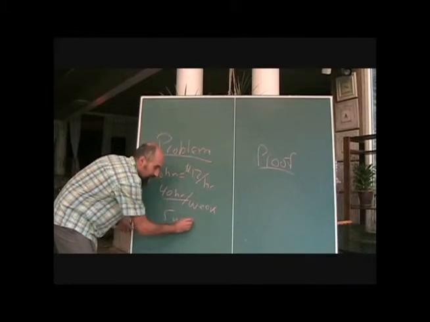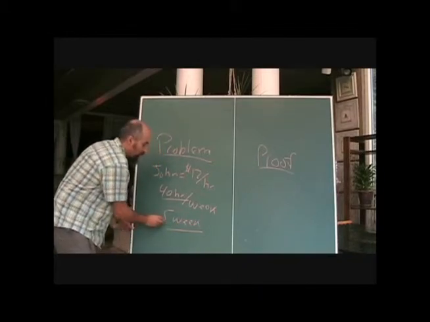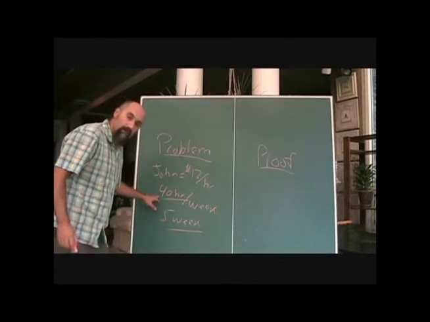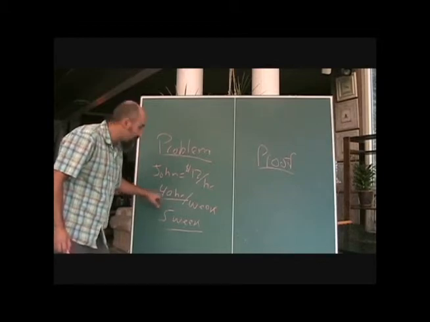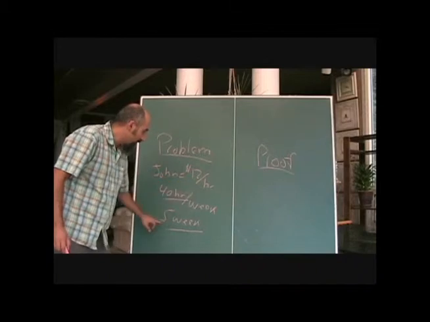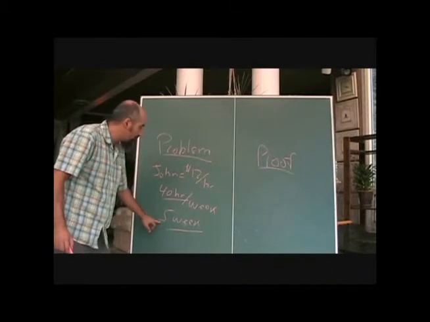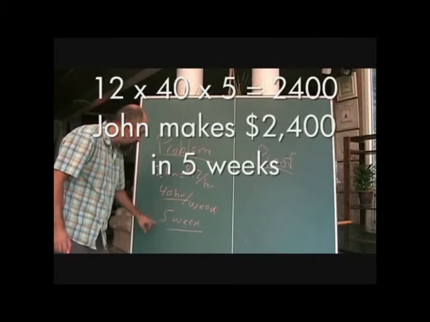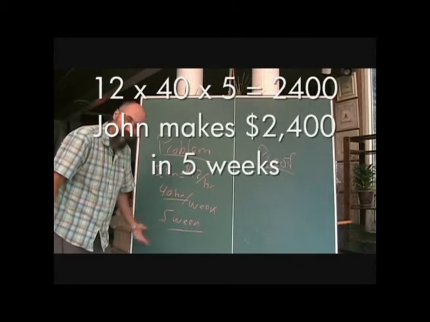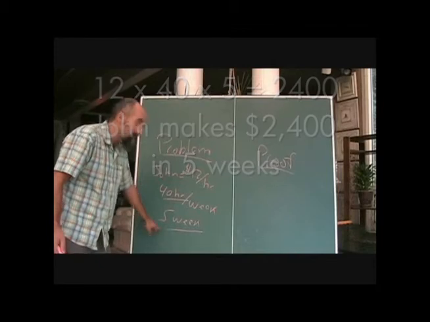Okay. Now this is just a straightforward problem. What you would do is, he works 40 hours per week. He gets paid $12 an hour, and he works for 5 weeks. So all you would do is go 12 times 40. That tells you how much he's going to make in a week, and then multiply that by 5, and that gives you how much money he's going to be making in 5 weeks.